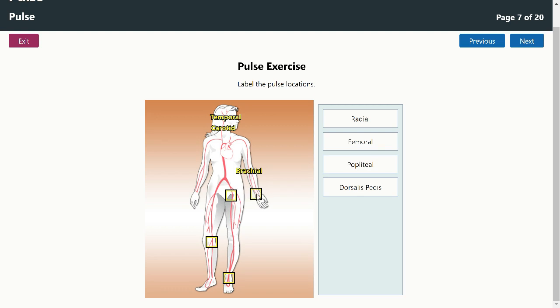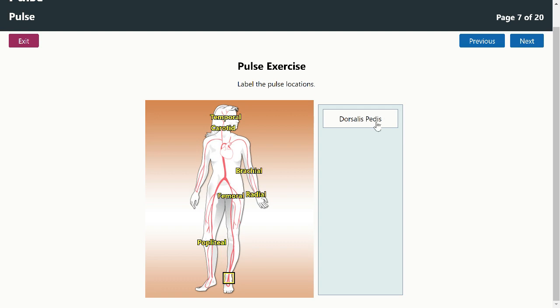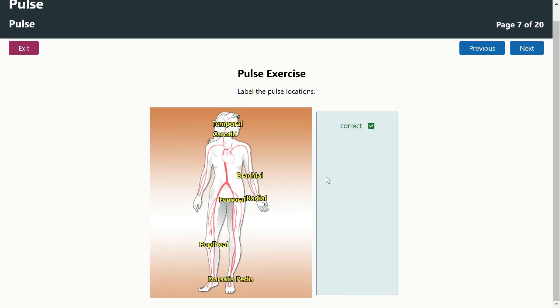Okay, this one. It's right here. This one. Popliteal, and then this is your dorsalis pedis.